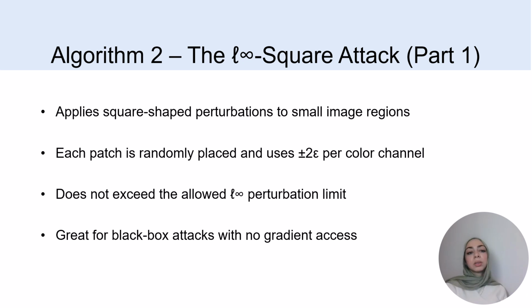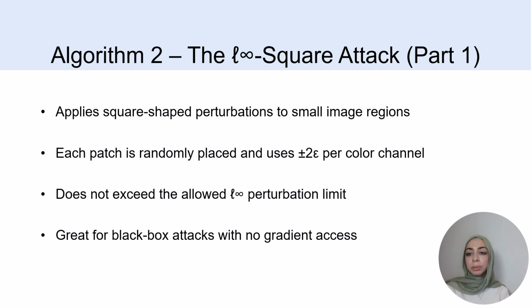Now we're going to move on to algorithm 2, which describes how the L infinity version of that square attack works. So instead of changing individual pixels one at a time, this method modifies square-shaped regions of the image. Each shape is placed randomly and filled with a value, either plus 2 epsilon or minus 2 epsilon.